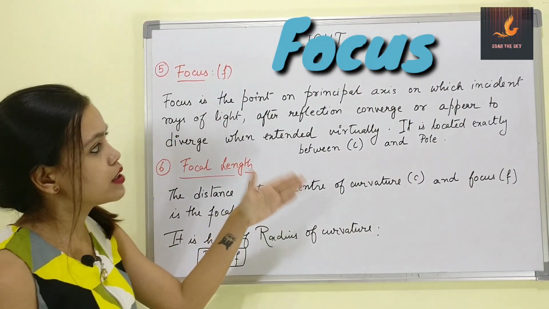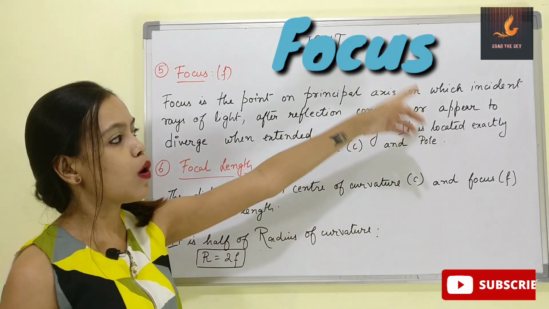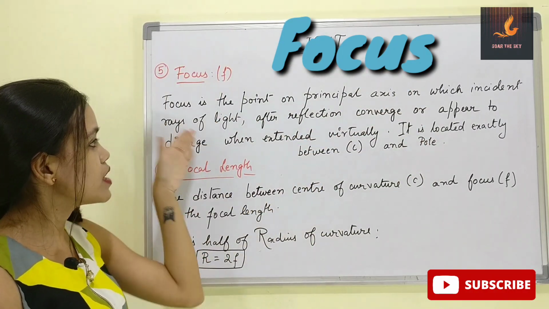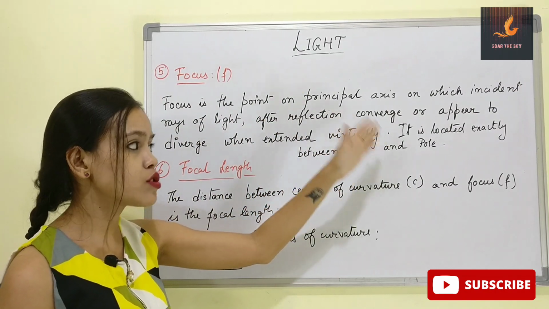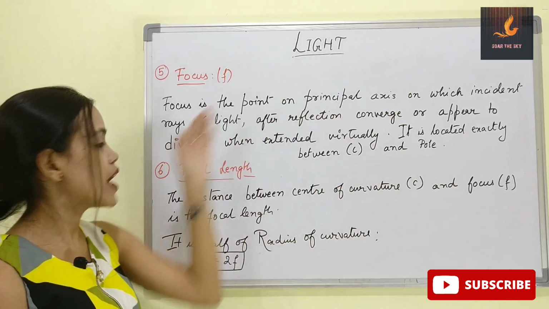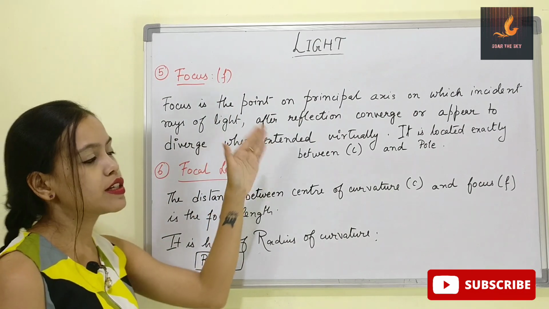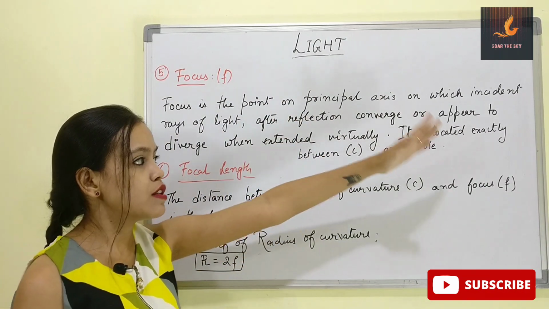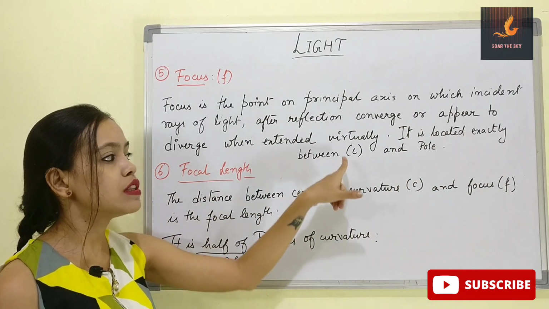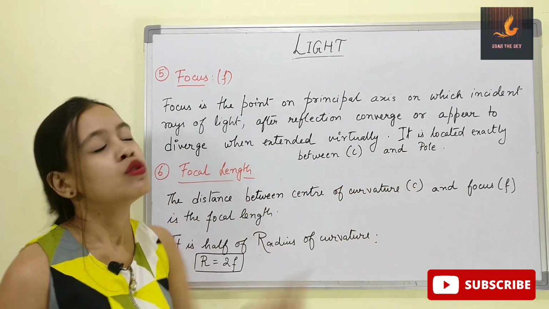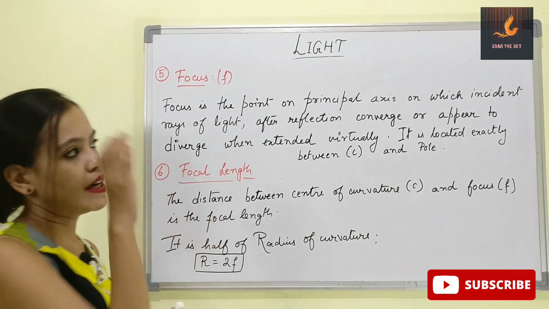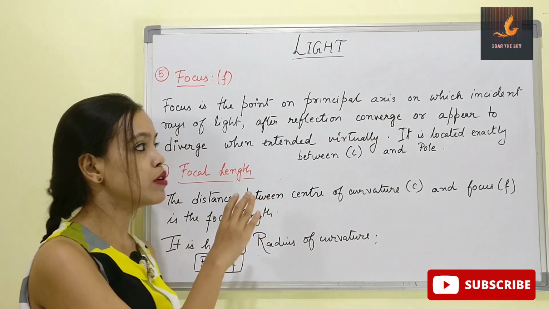Focus. What is focus? Focus is the point on principal axis on which incident rays of light after reflection converge or appear to diverge when extended virtually. It is located exactly between C, that is center of curvature, and pole. So, what do we understand by this particular definition of focus?